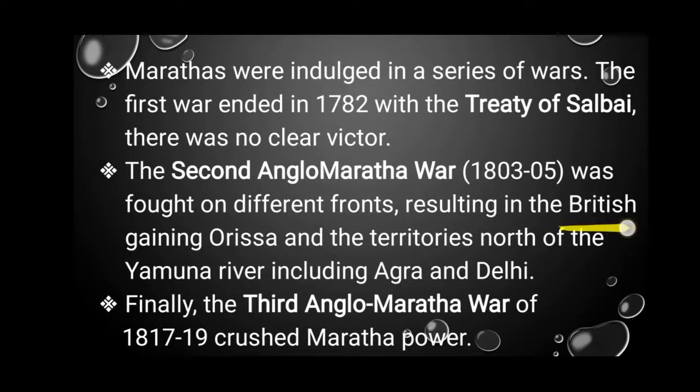The British, the East India Company, gained Orissa and the territories north of the Yamuna River, including Agra and Delhi.